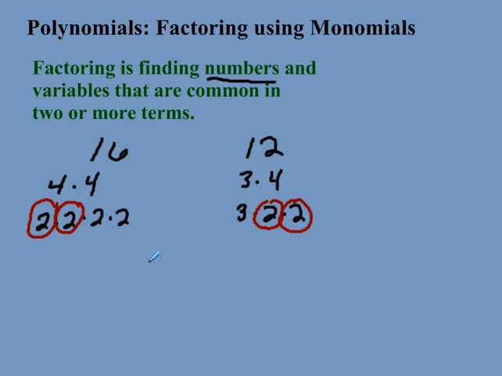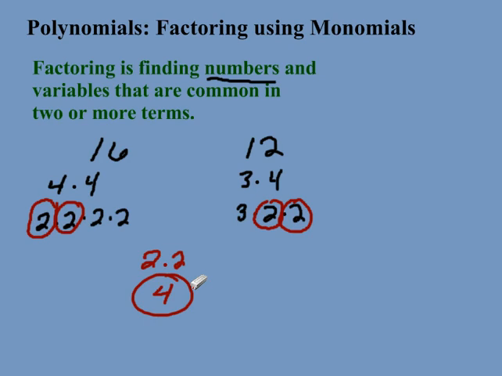And then we multiply those 2 2's times 2. We find that 4 is the common number in 16 and 12. And that is the process that we go through to find common numbers or variables in terms. Let's try another example.